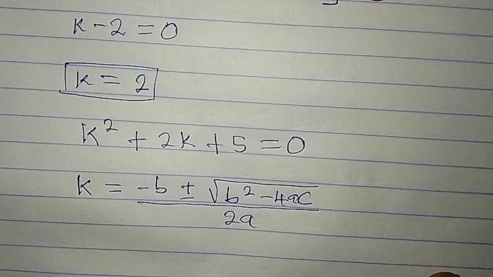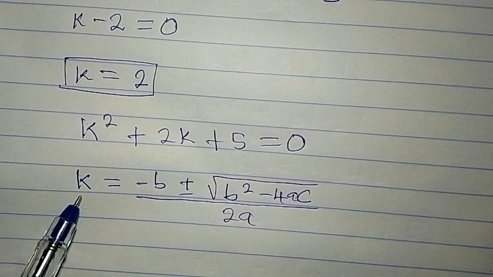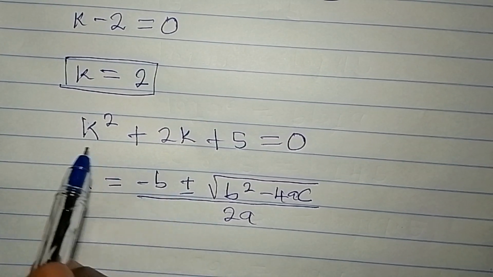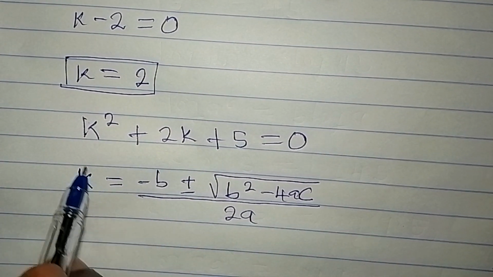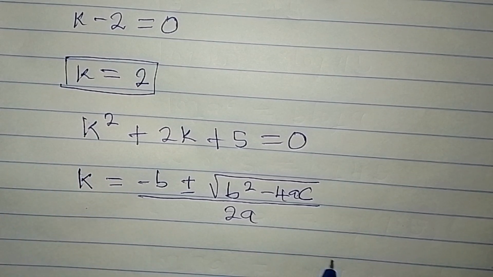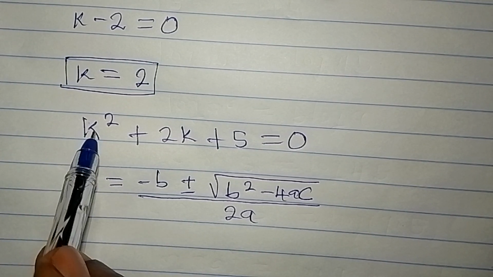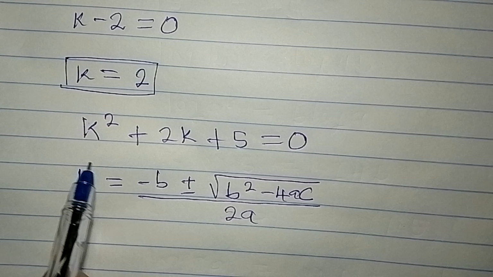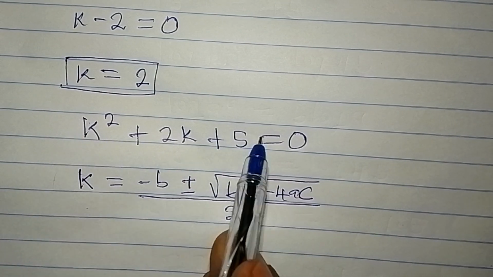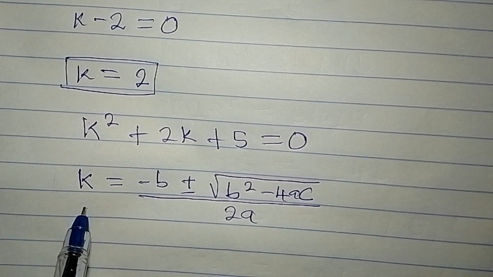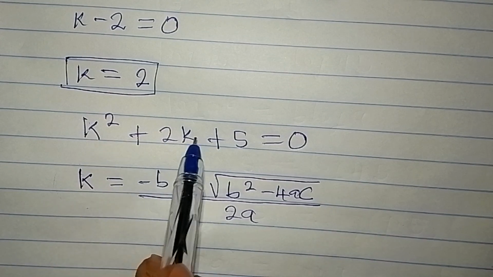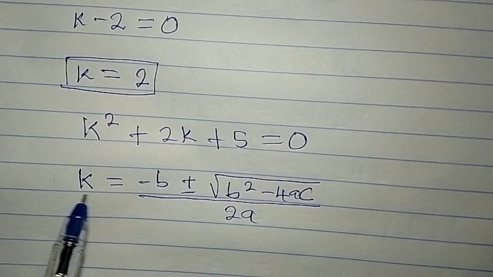Now, a couple of my students were asking, why is it that I'm starting with k? What you have in the equation determines what your formula will look like. If we're having x in the equation, here would have been x. If here was y, here should have been y, because we are looking for y. So in this case, we are looking for k.